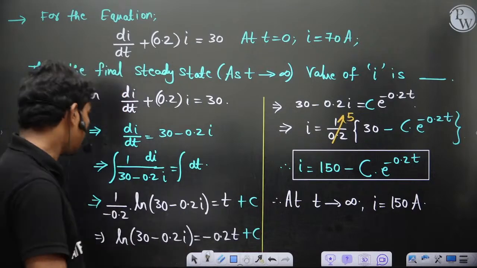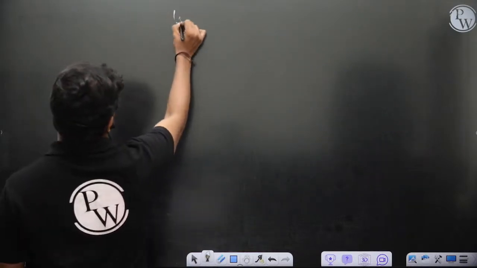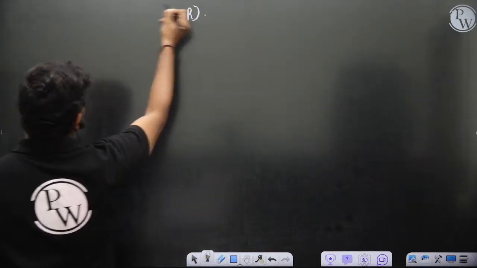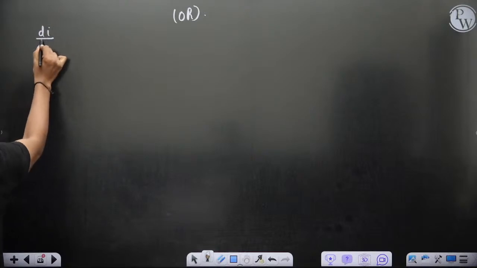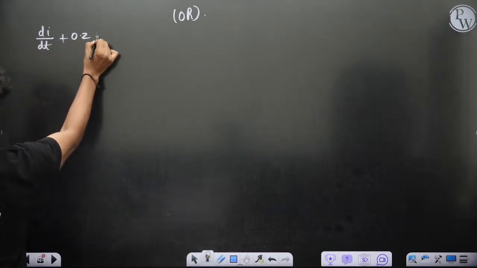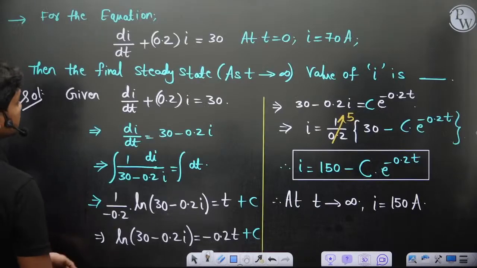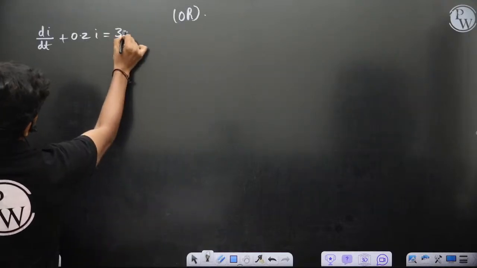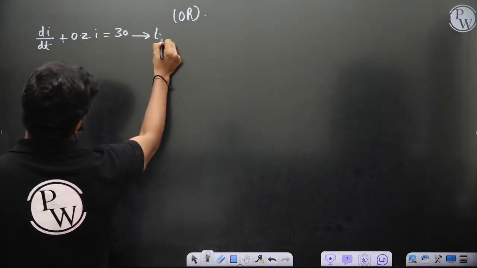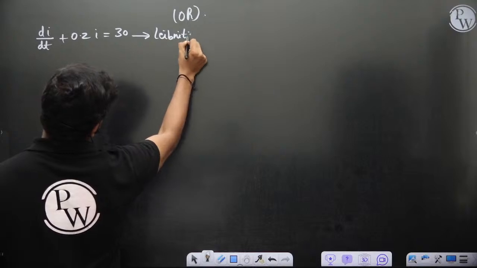Or the standard procedure: di by dt plus 0.2 times I is equal to 30. Ultimately this is the Leibniz linear form.